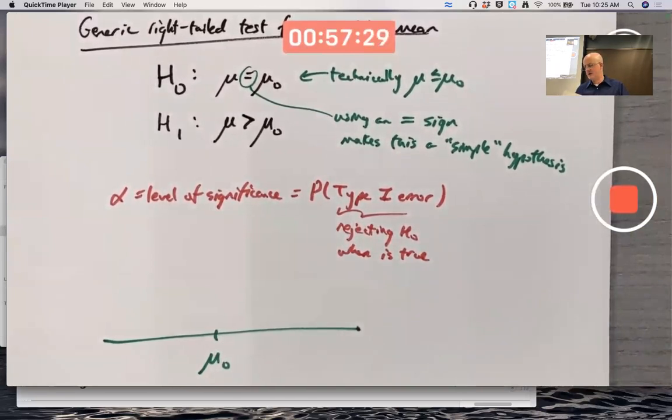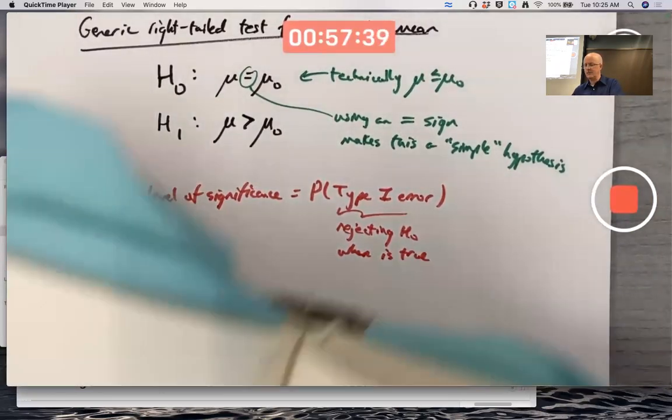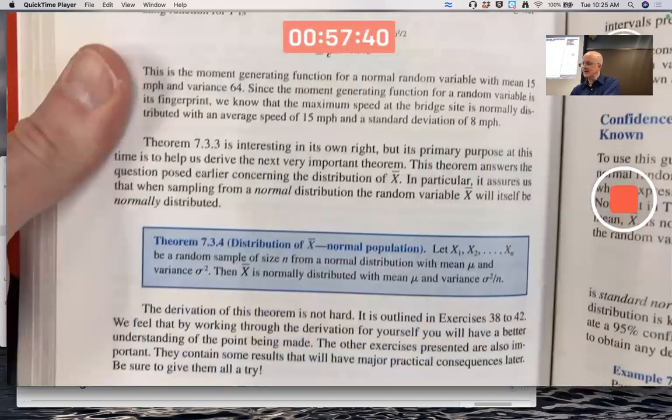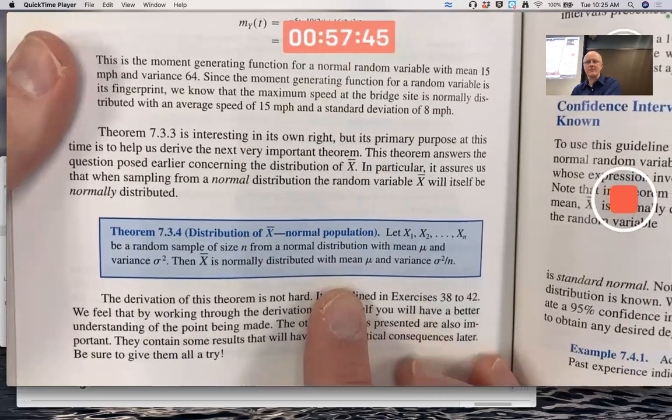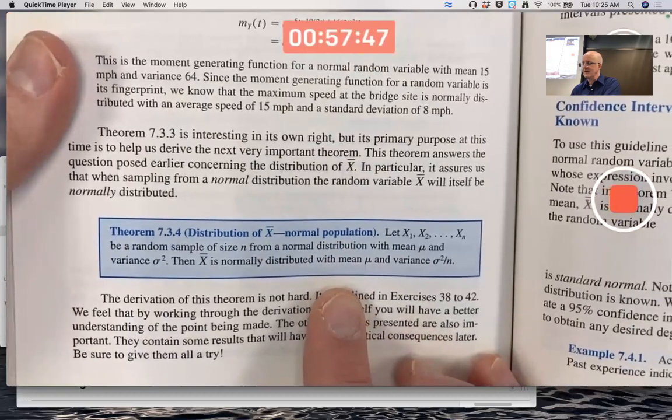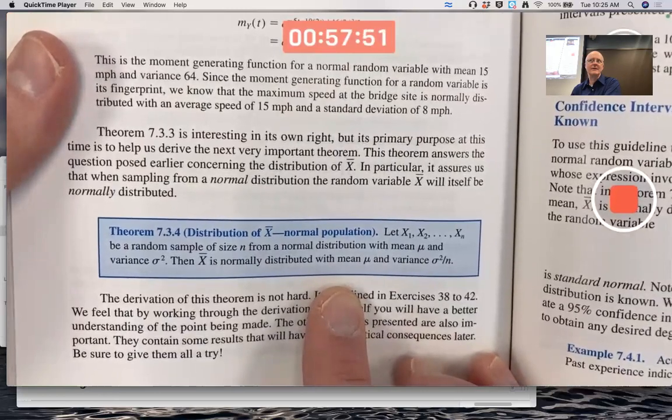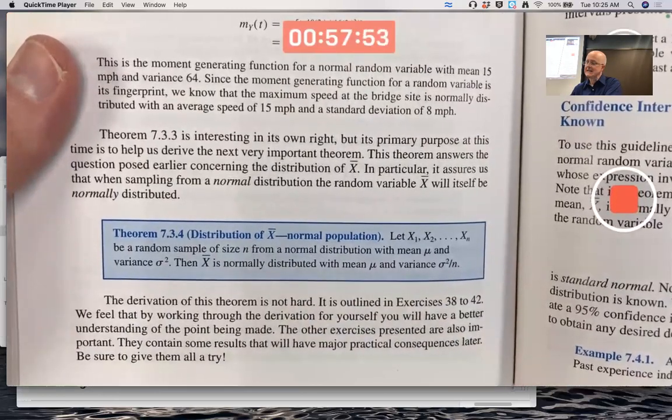That was something sometimes called the cornerstone theorem in chapter 7, before the central limit theorem. Dr. Wetzel and I have called it the cornerstone theorem. It's important, though, when you apply it in real life, it's always sort of applied approximately.